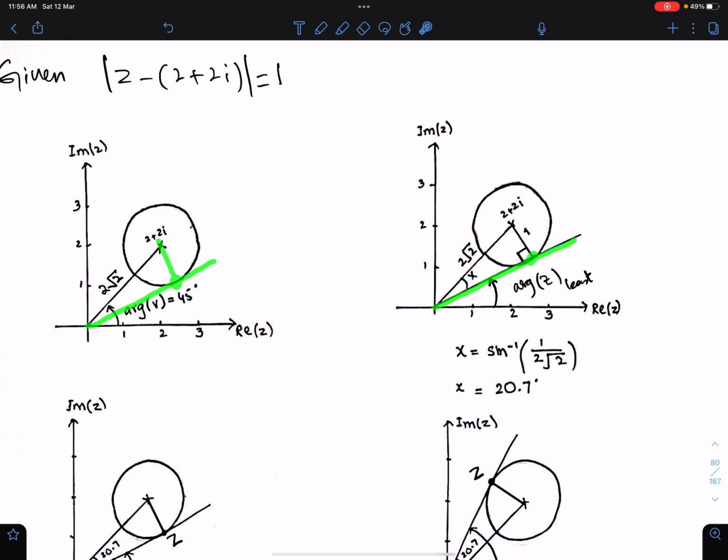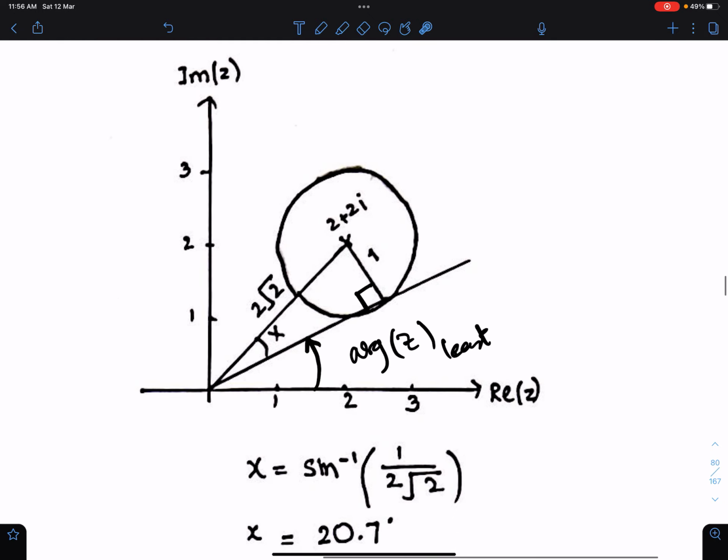See, this is argument z least. To find this angle, we must have this angle. So by using sin x into this triangle, we can easily get this angle. So sin x is 1 upon 2 root 2. Therefore x is 20.7.